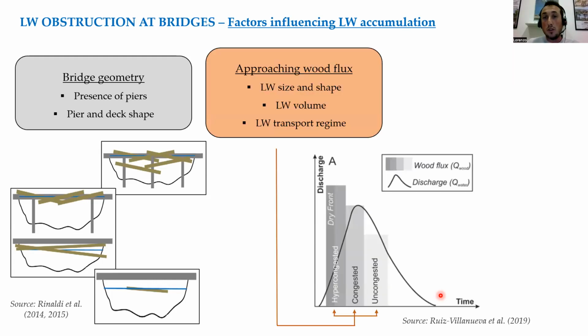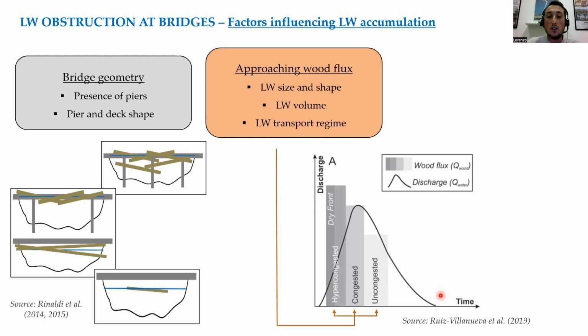The approaching wood flux, so the quantity and the shape of these large wood elements, and in particular, the large wood transport regime. In this case, we can have maybe few elements that are transported downstream without interacting with each other.